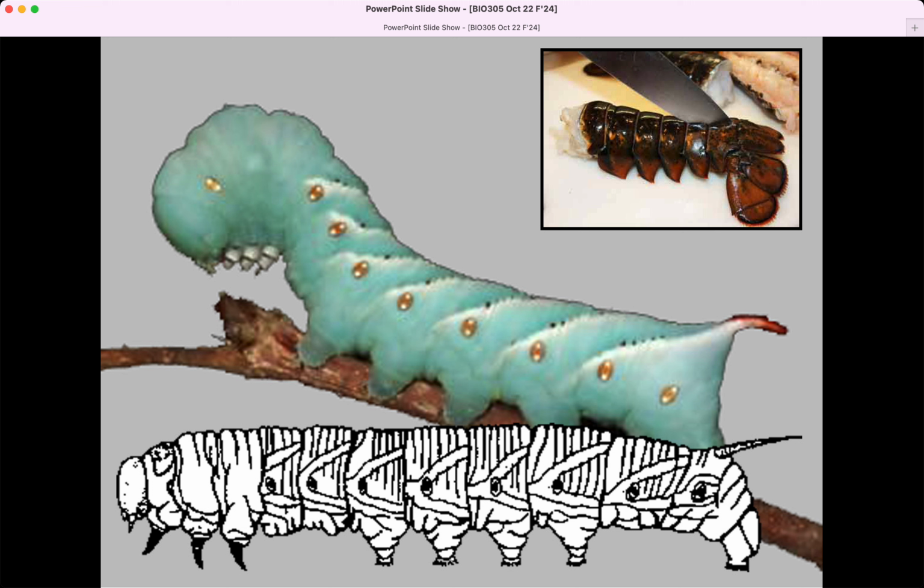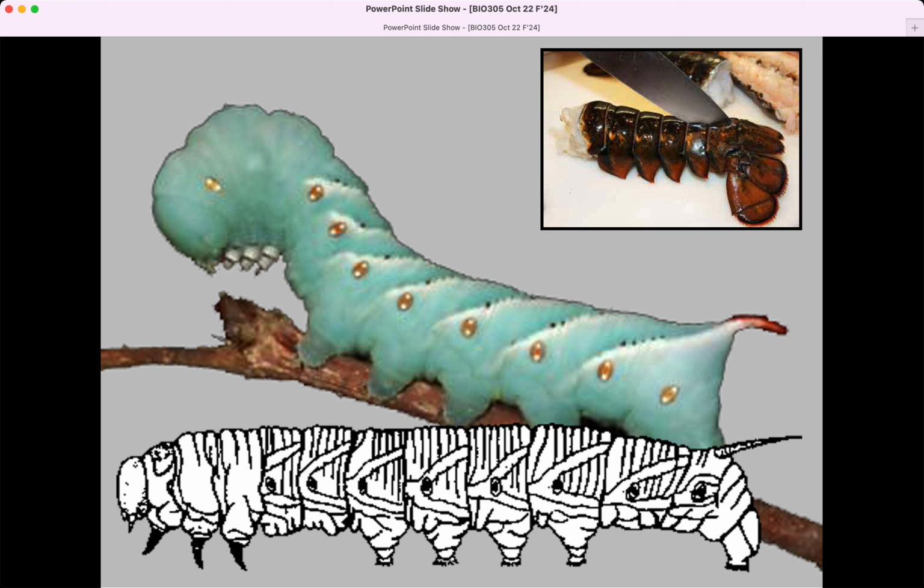So here's a couple pictures of a caterpillar. There's a lobster tail, because this is a story not just of fruit flies, it's all arthropods. So all insects, spiders, ticks, mites, crabs, lobsters, all have a very rigidly segmented body plan. So you see that really well in a caterpillar segment or a lobster tail. Those are individual segments.